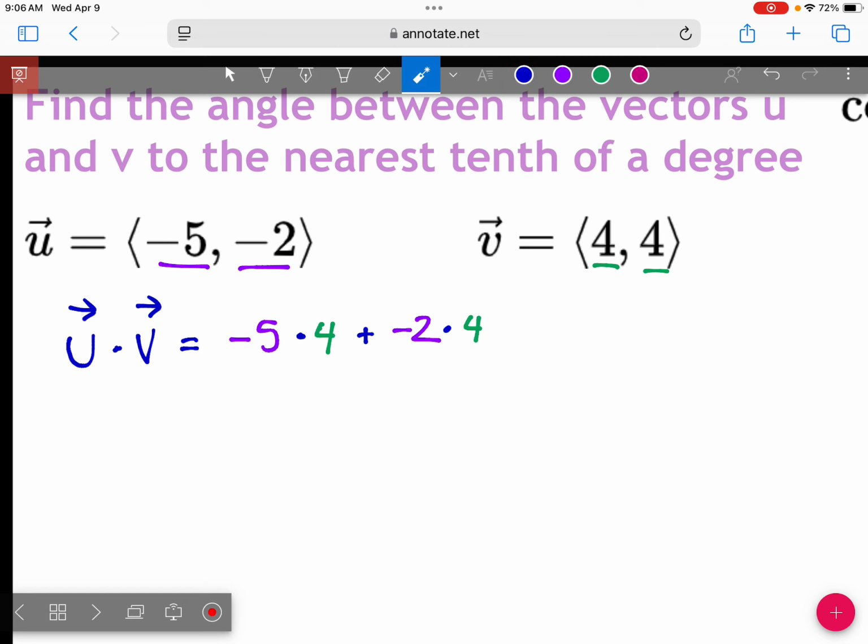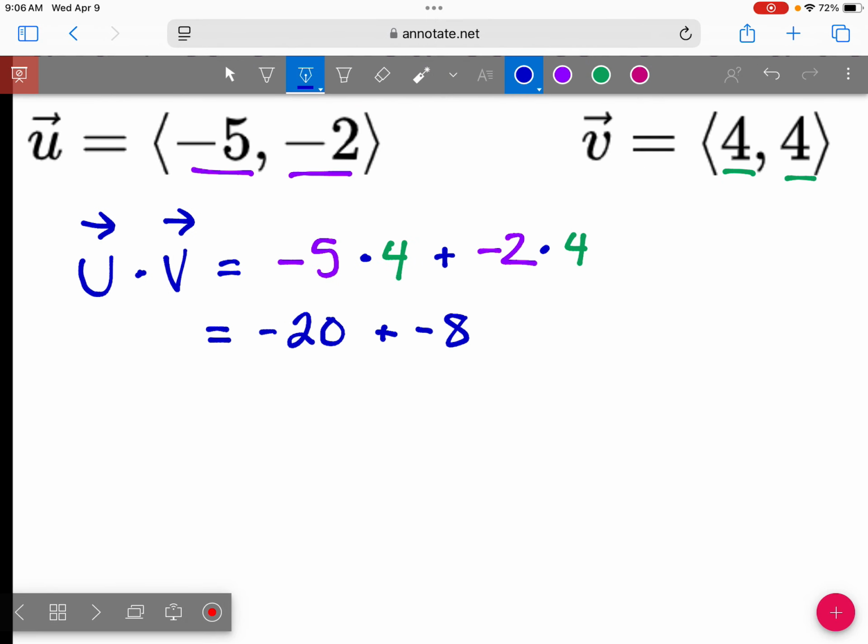So this was our x's and our y's. So our -5 times 4 gives us -20. And we're going to add -2 times 4, which is -8. So our dot product of u dot v is -28.